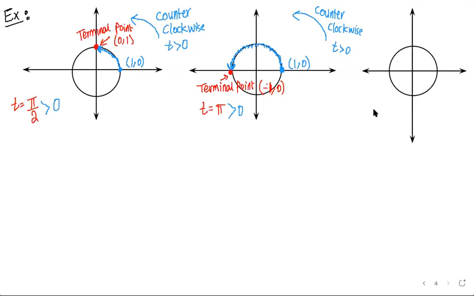Now, for t equal to -pi, what is the terminal point? The negative means the direction is clockwise, exactly.